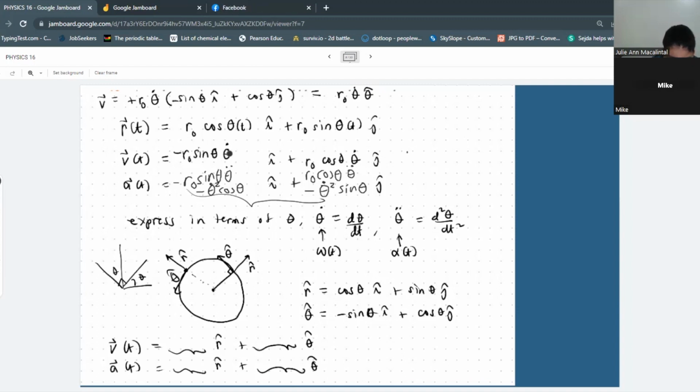Negative r naught sin theta, something i hat. Okay, so negative.